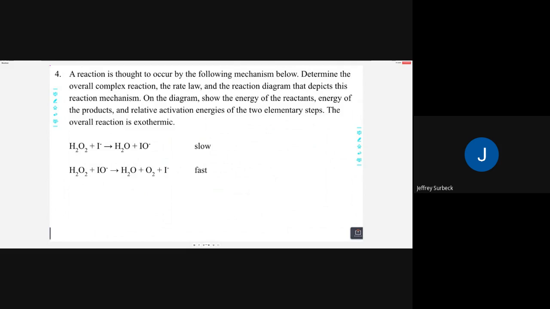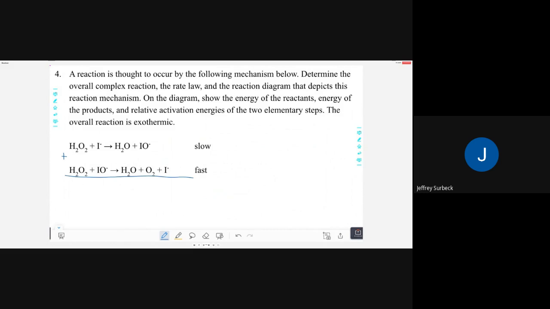Okay. Now, we go through this and we want to find the overall reaction. We want to write the rate law, and we want to draw that reaction diagram. So first things first, we want to add these things together. Now, before we add the things together, we can cross out, we can cancel some items. There are actually 2 items we can cancel out.